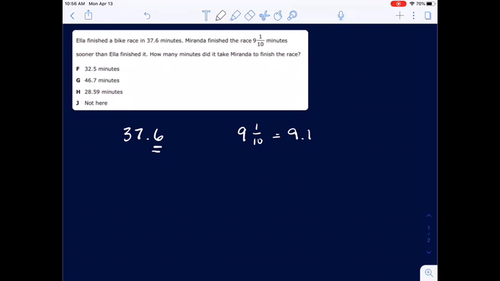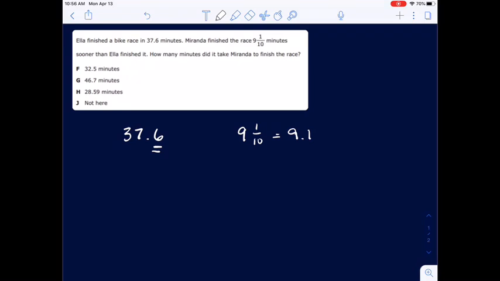So now that our numbers are in the same form, we have to figure out what to do with them. Here's what we need to think about. It says Miranda finished the race 9 1/10 minutes sooner than Ella finished it. So if she finished sooner, will her time be lower than Ella's or higher than Ella's? If we think about that, then we know if we're adding to Ella's time or subtracting from Ella's time.